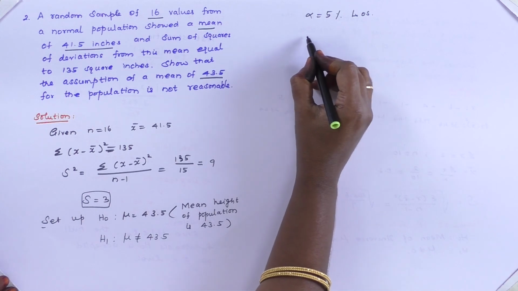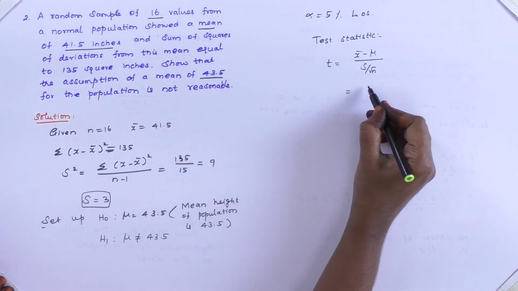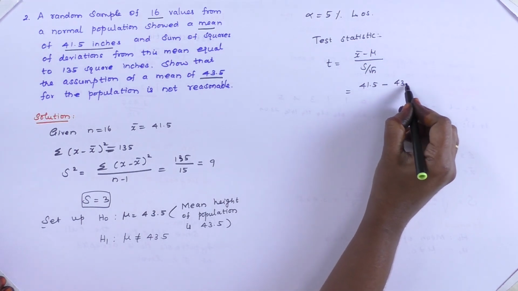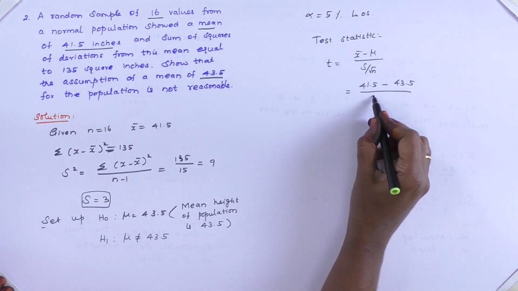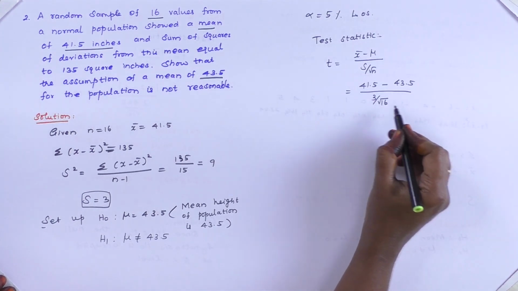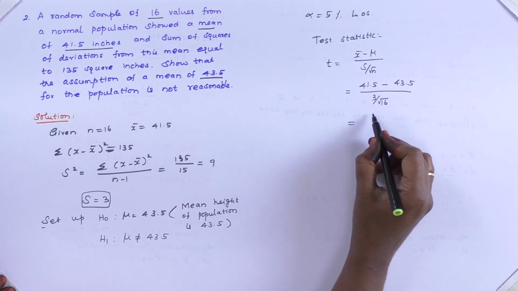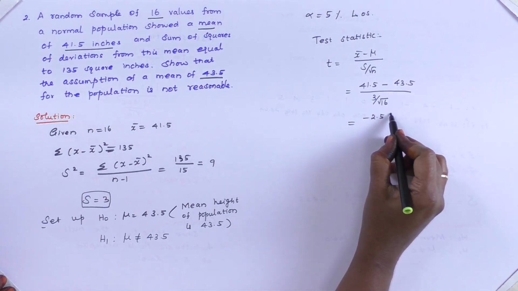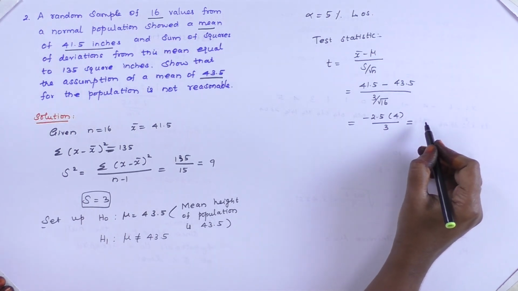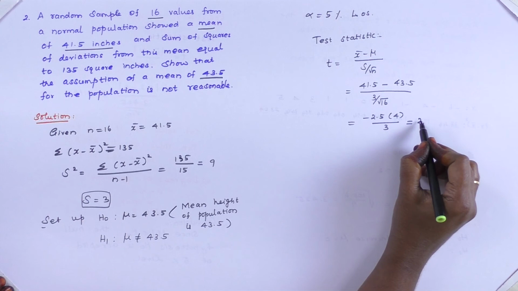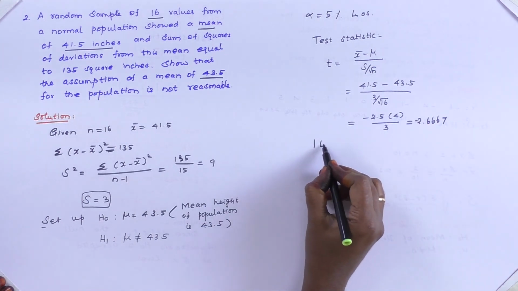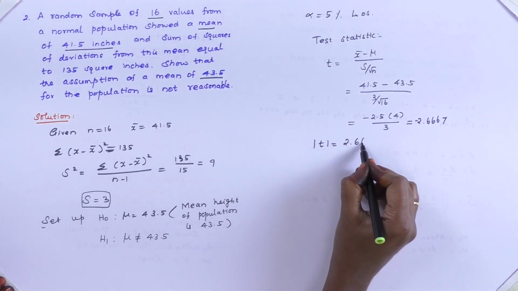Next we calculate the test statistic: x bar is 41.5 minus mu value 43.5 divided by 3 divided by square root of n, which is 16, that is minus 2.5 into 4 by 3. That answer is minus 2.667. Therefore the calculated value is 2.667.